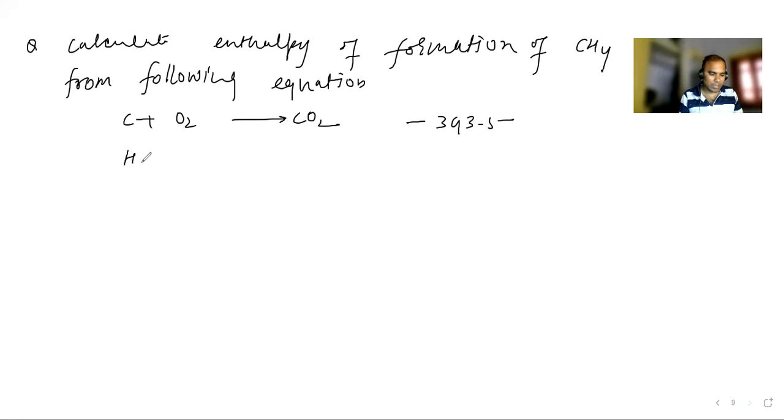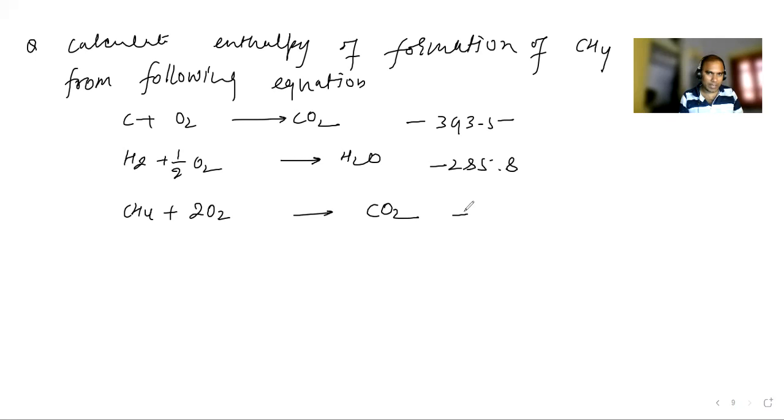H2 plus half O2 gives H2O, with minus 285.8. And CH4 plus 2O2 gives CO2 plus 2H2O, with minus 890.3. They are all in kilojoule per mole. So they are asking for the enthalpy of formation using Hess's law. I am going to write the options. You try the answers. Option: CH4.